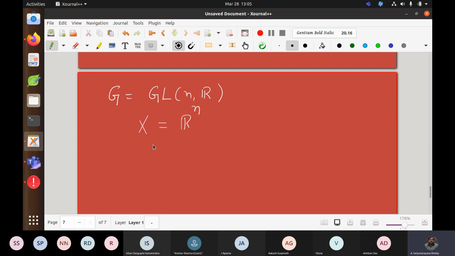I'm taking X equal to R^n, so G acts on X. My action is defined as (A, x), where small x is a vector and A is a non-singular matrix. It is defined as Ax only, A multiplied by x, right?